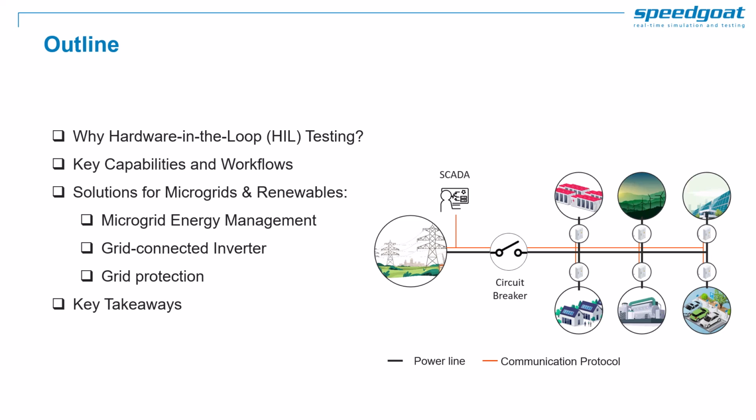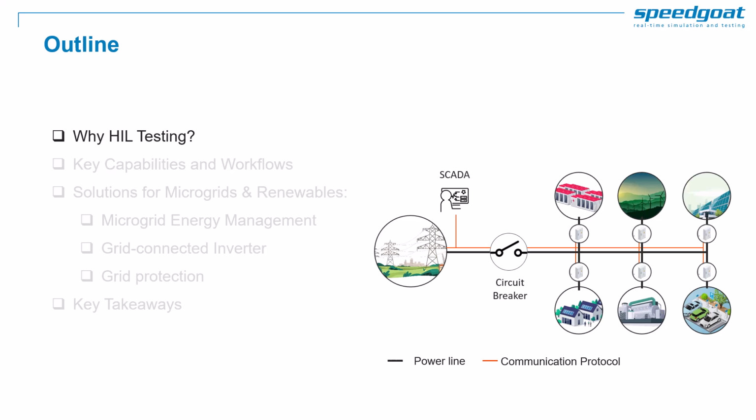The first example will be a microgrid energy management system. The second example will be solar inverters, but we'll have a look at different topologies. And last but not least, we'll look at a grid protection device and how to integrate and test that. Finally, we'll share the key takeaways with you, followed by the questions and answers session.